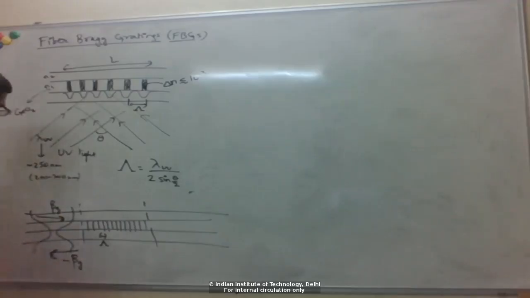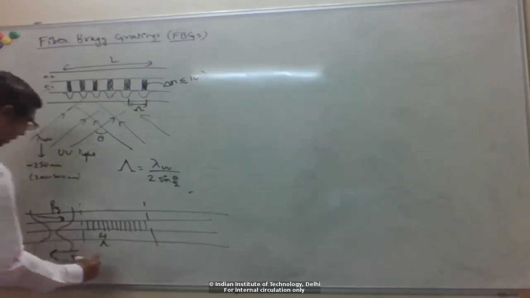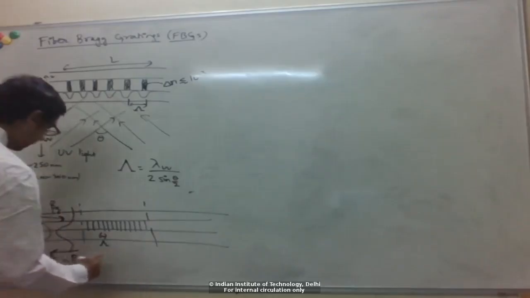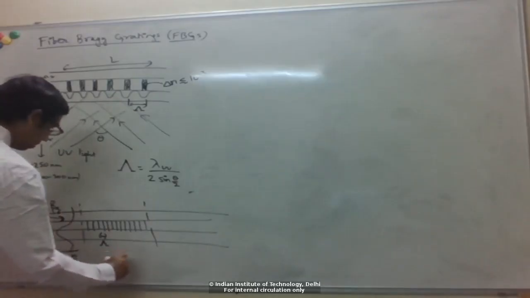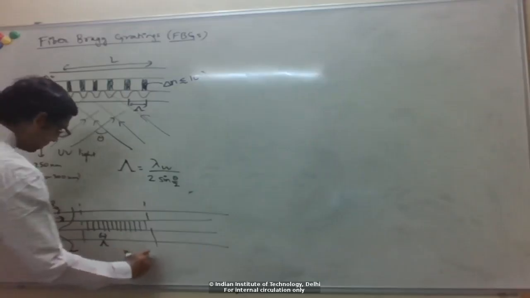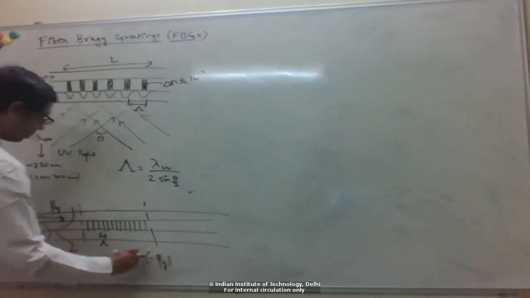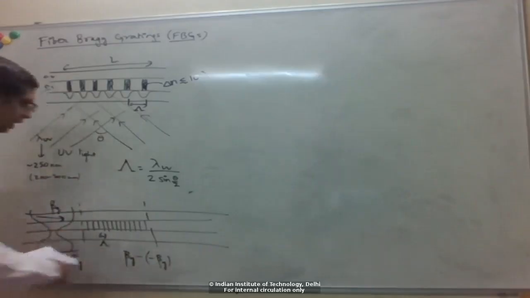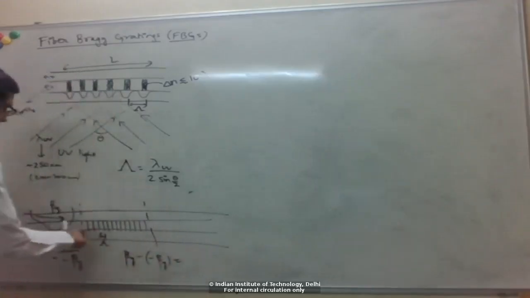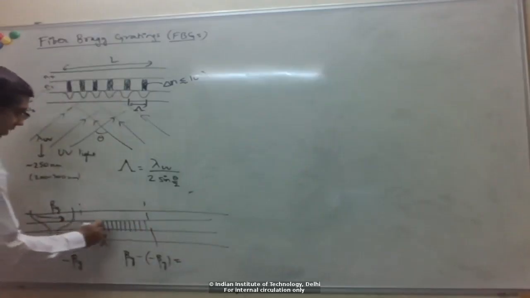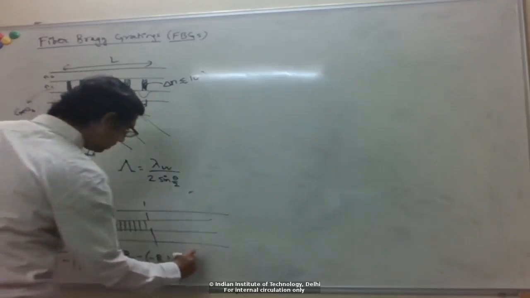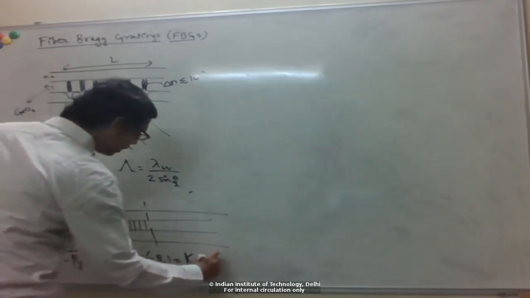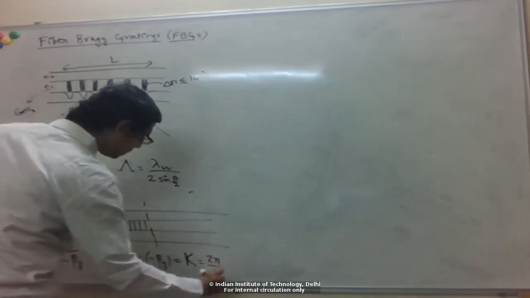So the Bragg condition is satisfied when the difference in the propagation constant of the incident and the scattered wave is equal to the equivalent wave vector for this periodic structure, which is 2 pi divided by the periodicity of the structure.